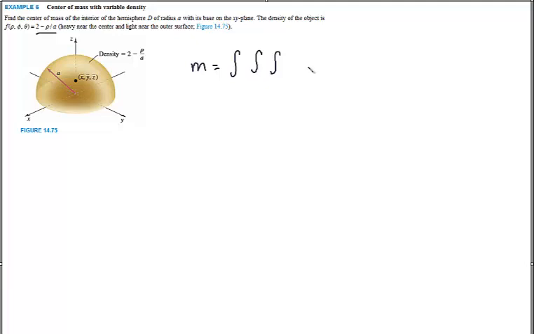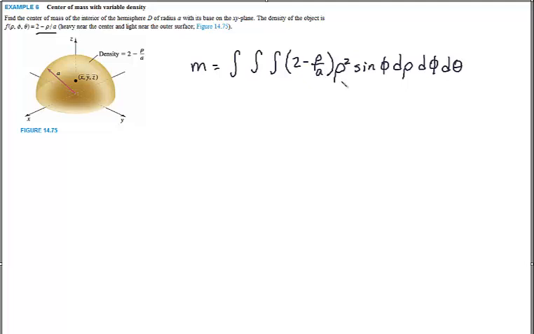This means that I'm going to have my density equation in there, and then I will have rho squared sine phi d rho d phi d theta, and I'm going to need my density equation in here, which is 2 minus rho over some value of a.